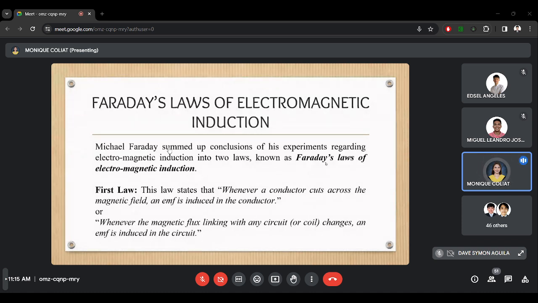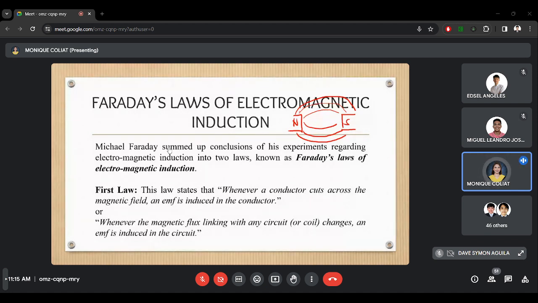Okay? That means, you already know the magnetic field, right? It is the one around a magnet. So when there's a magnet, the north and the south pole, let's say this is the North Pole and this is the South Pole, there is a magnetic field there. These are the magnetic lines.